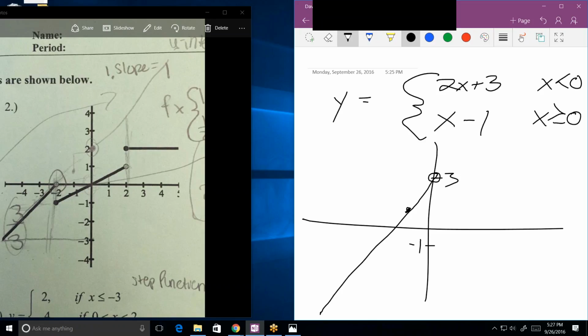Both give you the same positive slope. But since I'm graphing everything to the right of the y-axis, I might as well go up 1 and to the right 1. And I'm starting right there, because I'm starting whenever x is greater than or equal to 0. So this one is going to look like that.